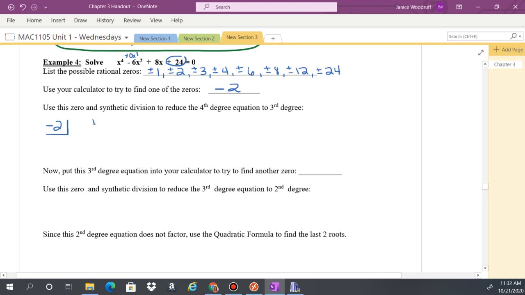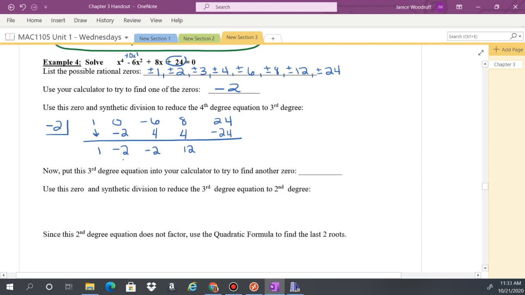Okay, so 1, 0, -6x squared, 8x, 24. So bring down the 1. 1 times -2, -2. 0 minus 2, -2. -2 times -2, +4. -6 plus 4, -2 again. -2 times -2, +4. 8 plus 4, 12. 12 times -2, -24.